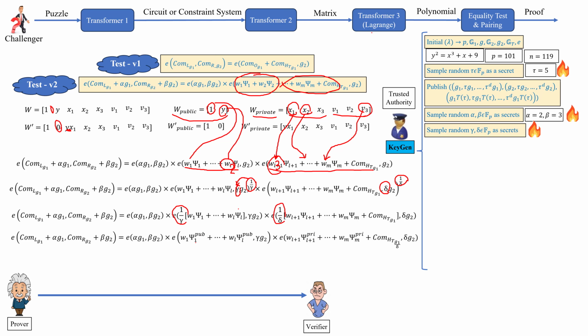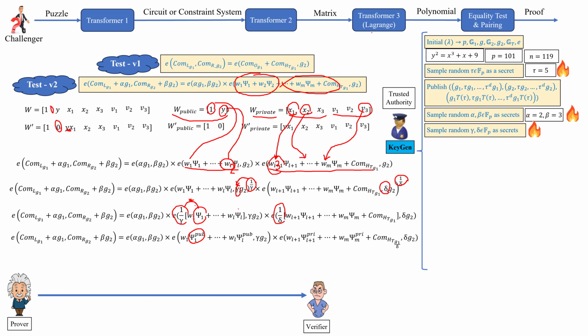then instead of psi 1, the trusted authority needs to compute psi 1 public, which is 1 over gamma multiplied by psi 1. Psi 1 is already computed in the previous test version 2.